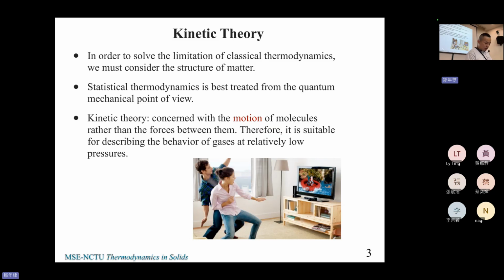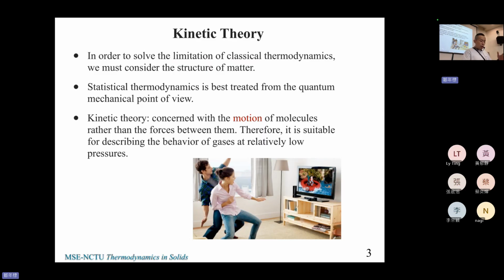In order to solve the limitation of classical thermodynamics, we consider the structure of matter. Remember we talked about classical thermodynamics: we know it will happen, but we don't know the cost, we don't know how long it will take. But kinetic theory can tell you step by step.